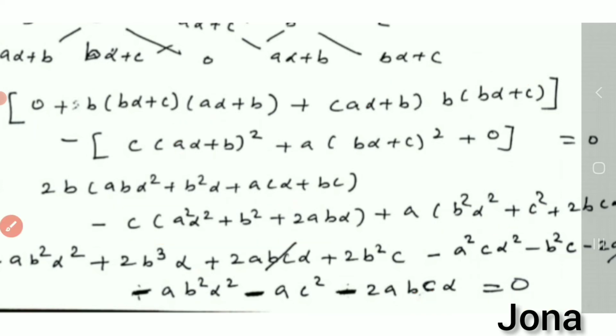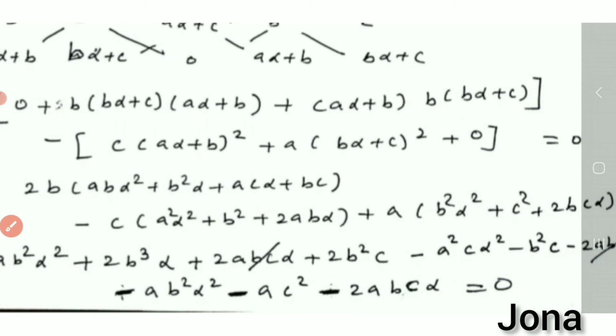Again we simplify this and remove the brackets by multiplying the minus outside. If you multiply everything, we can cancel these two terms, and the remaining things we simplify now.